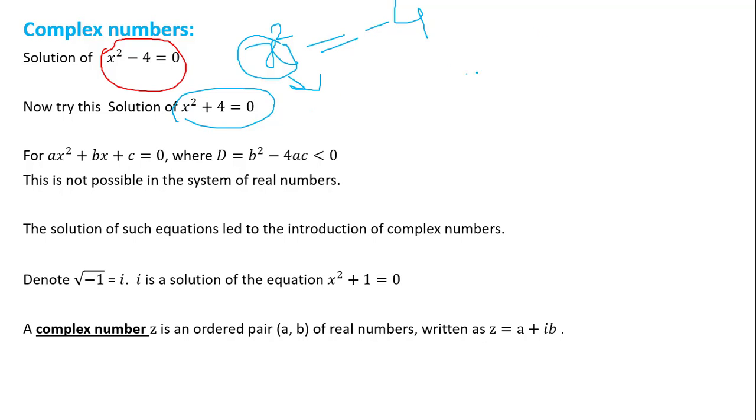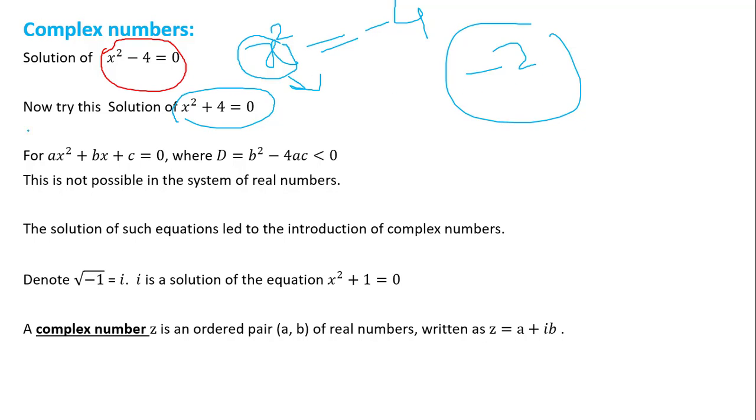Because if I go for minus 2, then the square of this will become positive. If I take any positive number, then the square of any positive number will give me a positive number in the case of real numbers. So at that point of time, mathematicians thought that there is a need to extend this system of real numbers.